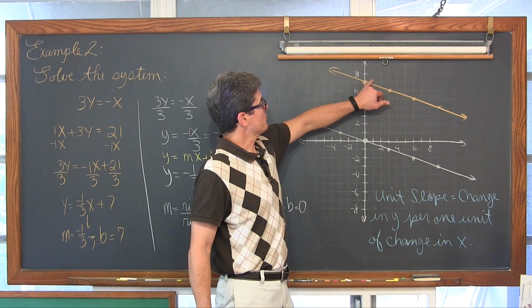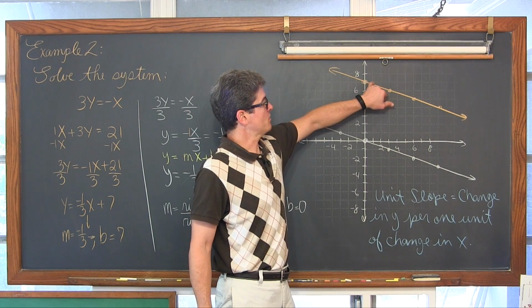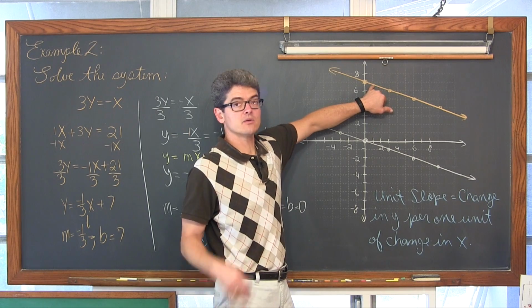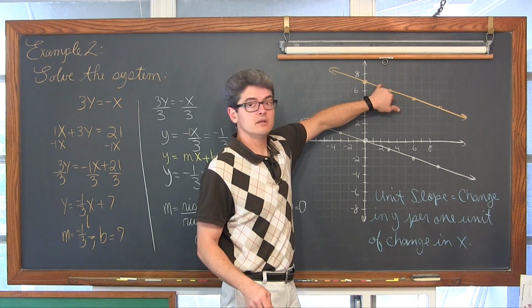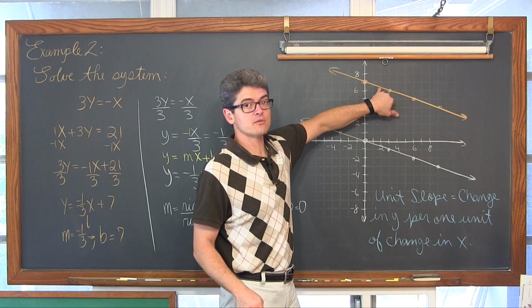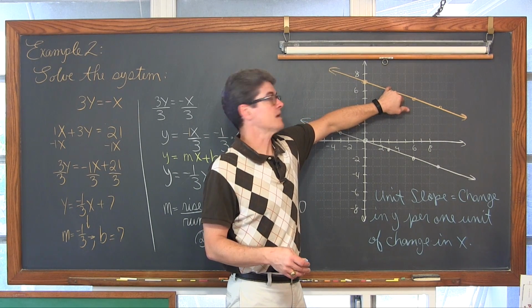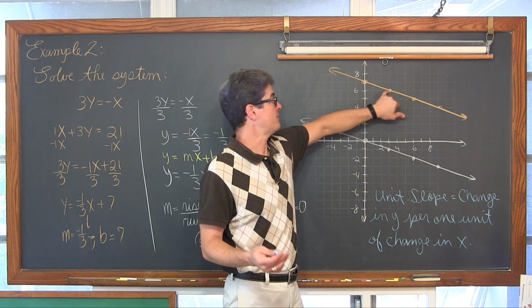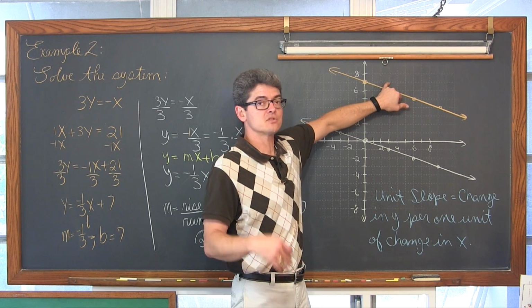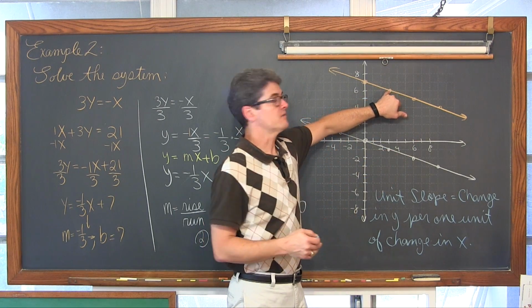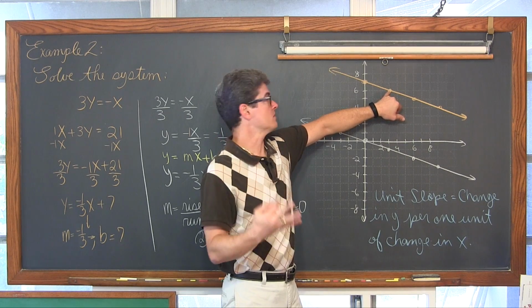So for every increase of 1 on the x, the y value goes down by 1/3. And every 1 unit of change in x, it goes down by another third. Well, 1/3 and 1/3 is 2/3. And every 1 unit of change in x goes down another third. And finally, after I've gone through 3 units of increase in x, I've gone down 3 1/3 or 1 unit.